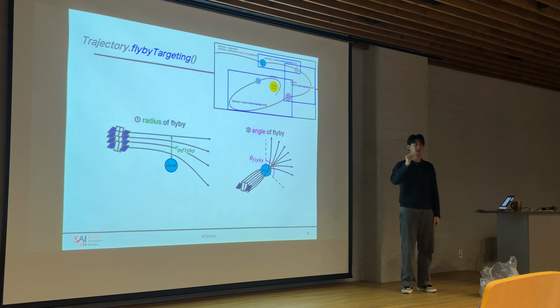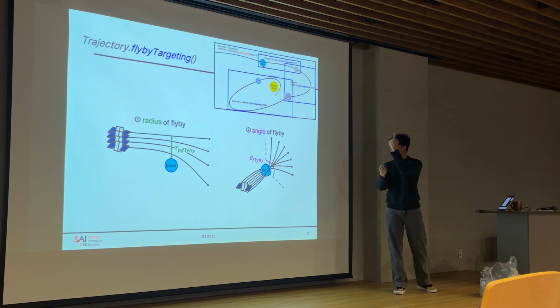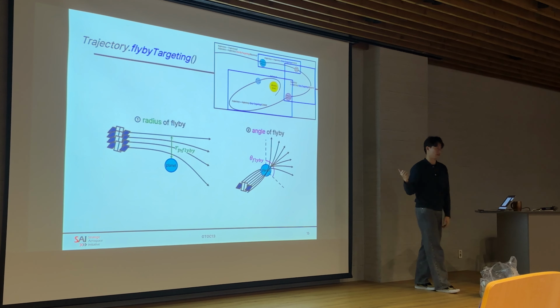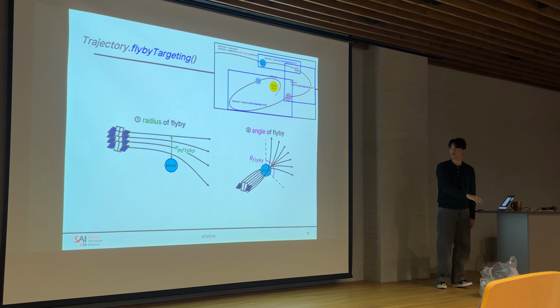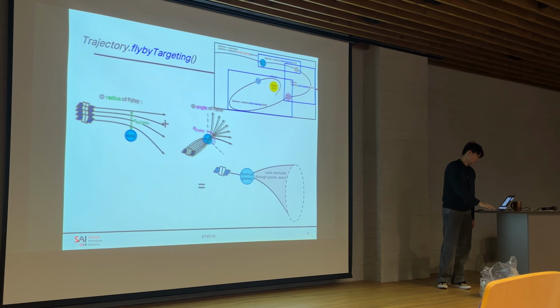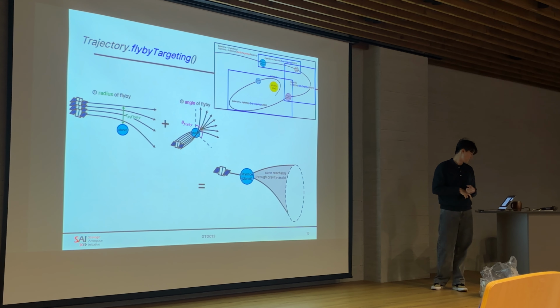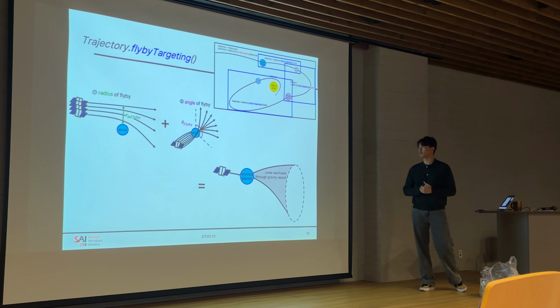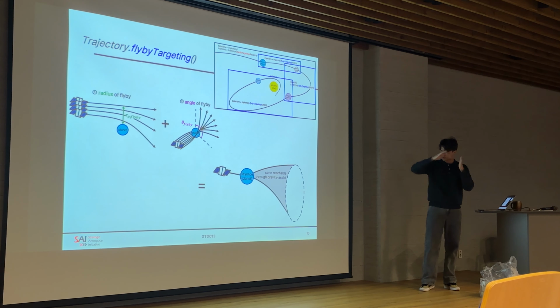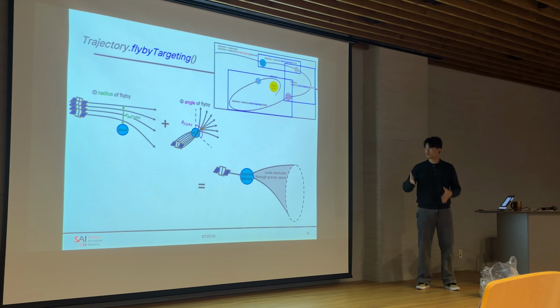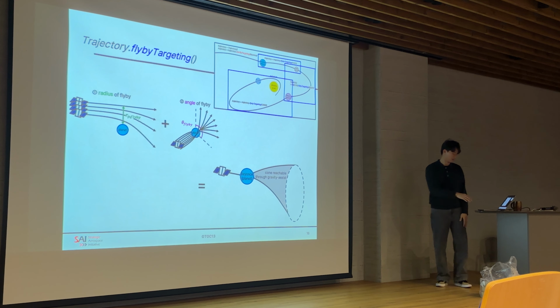So even if you have the same amount of deflection, you can go this way or even this way. The angle of flyby is the one that determines this second factor. And the net effect of choosing those two is that you get a cone that is reachable through this gravity assist. It won't be a planar cone, but actually a curved cone, but you might get the concept.